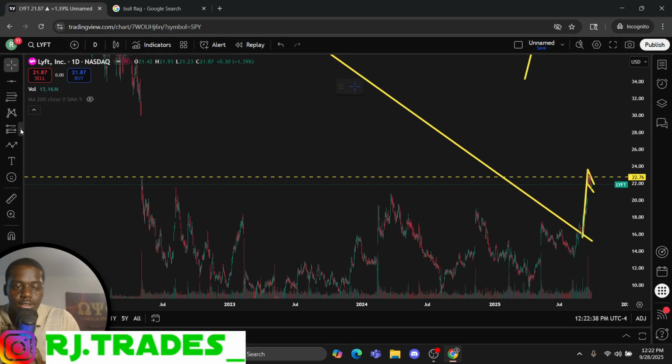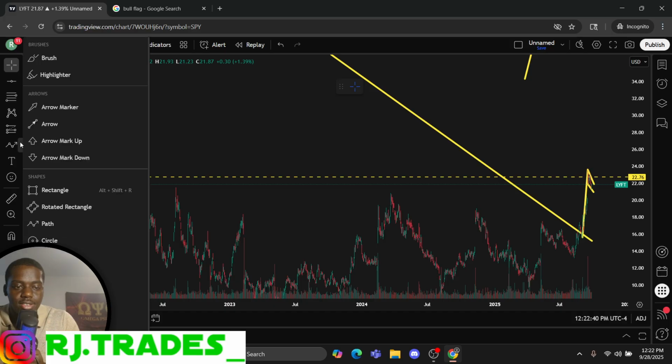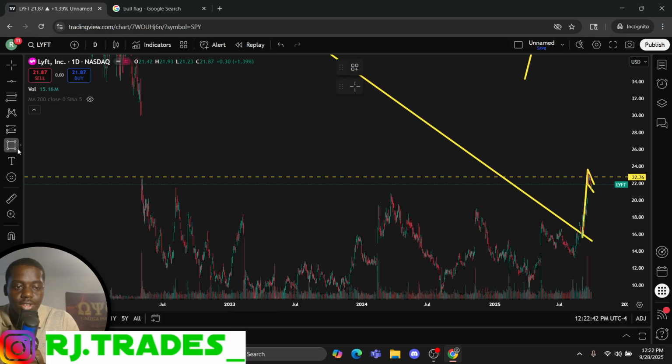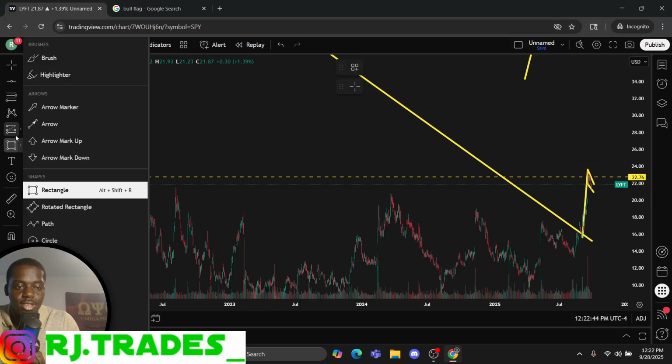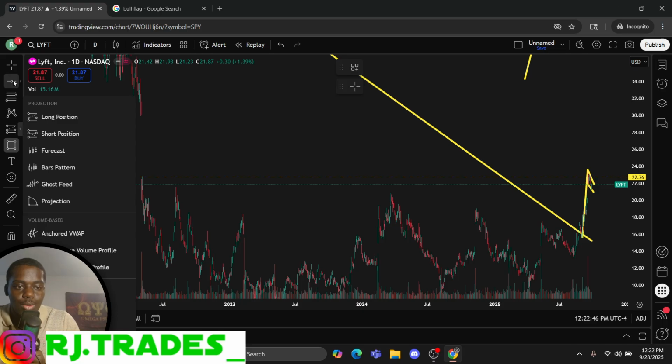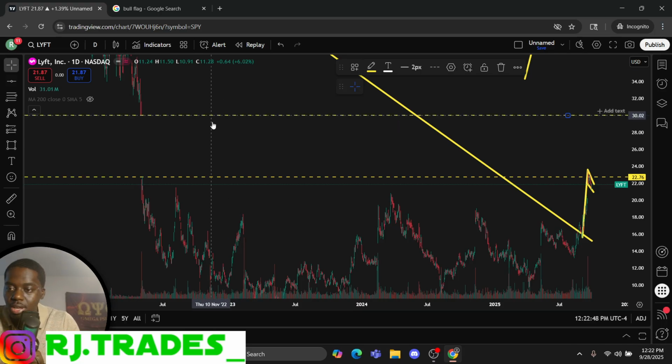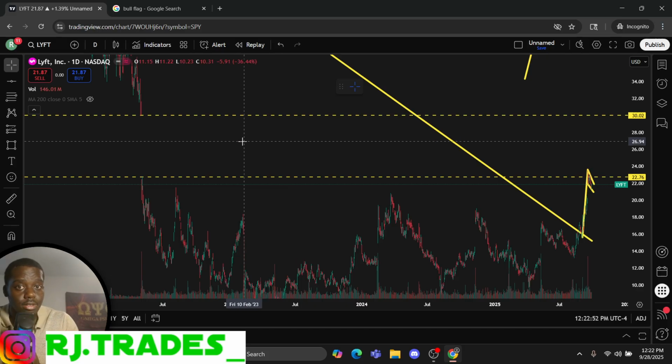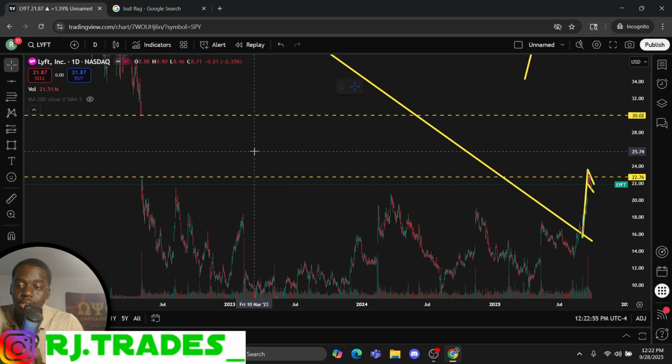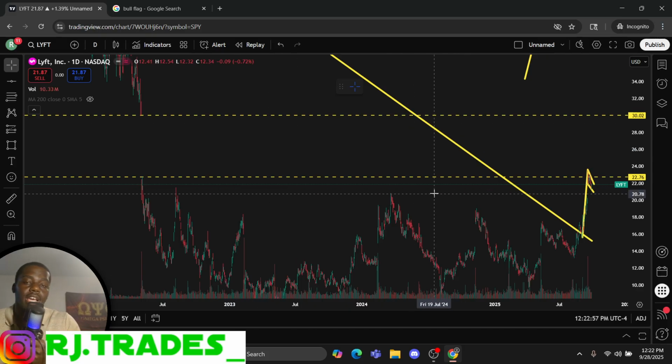So this is an A+ setup right here. So it actually has a gap. So I would say, me personally, the next level is all the way up here at 30. I didn't say that, that's what the chart said. Okay. So you're looking at another 30%, 40% move on Lyft if it continues upward.